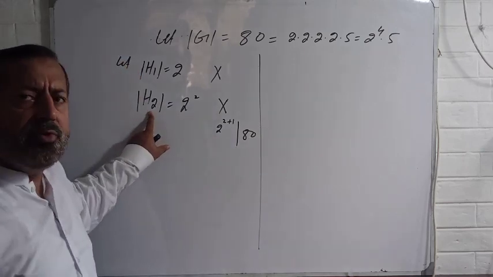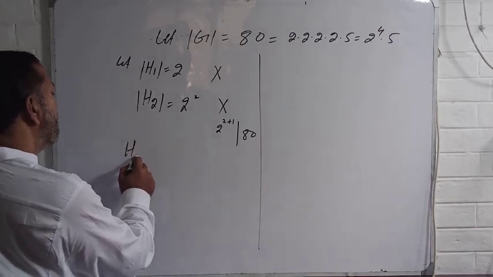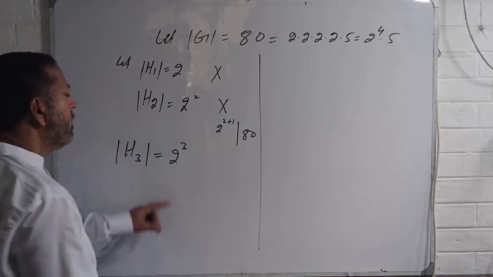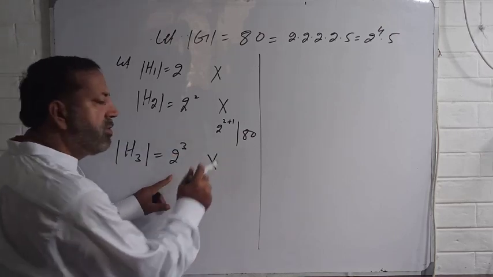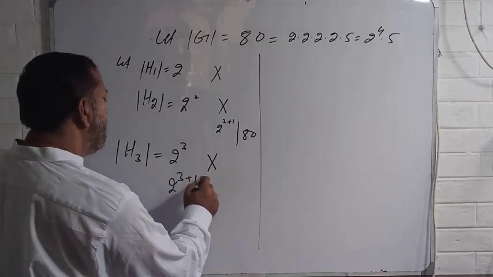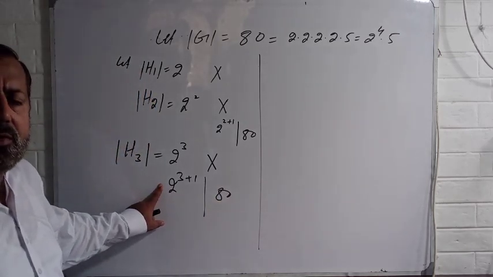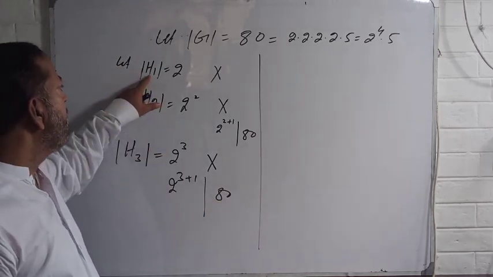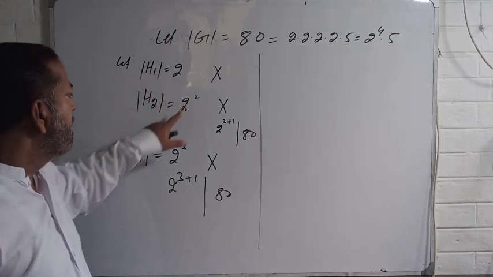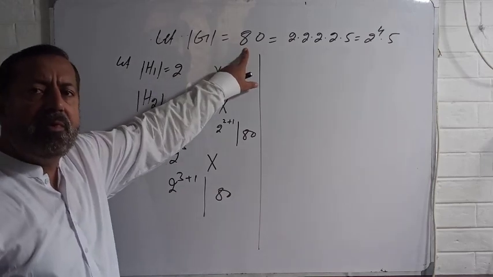So H2 is not a Sylow-p subgroup. If there is another subgroup H3 of order 2 cube, then again this is also not a Sylow-p subgroup because 2 cube plus 1 also divides 80, order of G. So you cannot have any subgroup of order 2 as a Sylow-p subgroup. Any subgroup of order 2 square is not a Sylow-p subgroup in a group of order 80.